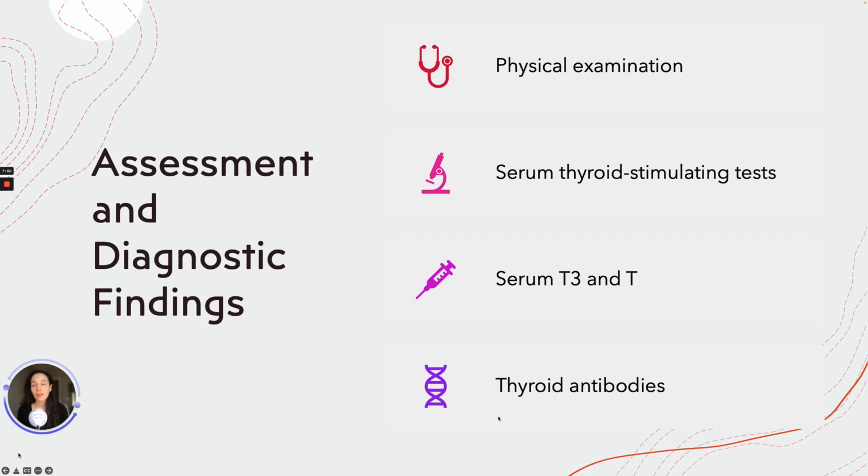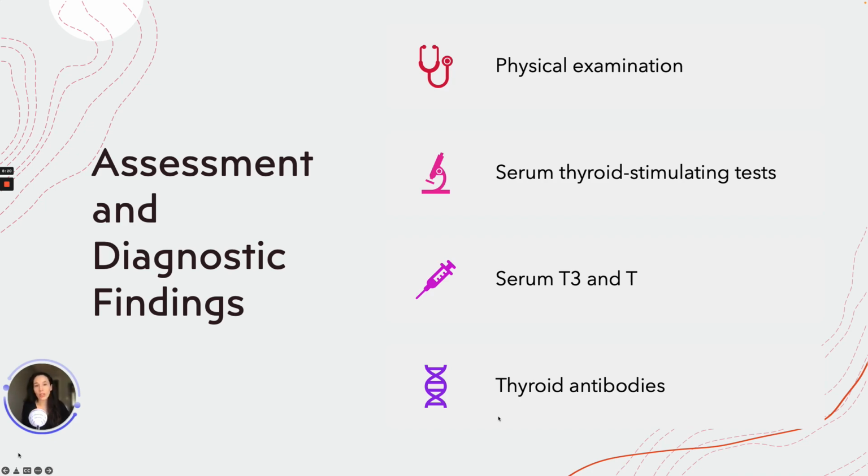So our assessment and diagnostic findings are going to include a physical exam. The thyroid gland can be inspected and palpated routinely in patients. Usually doctors will do this for your yearly physical exam. We can also check serum thyroid stimulating tests, so measuring of serum TSH concentrations, which is the single best screening test of thyroid function because it's highly sensitive.